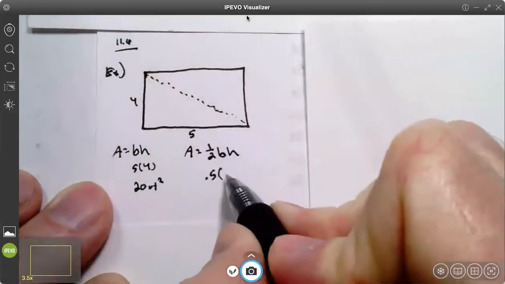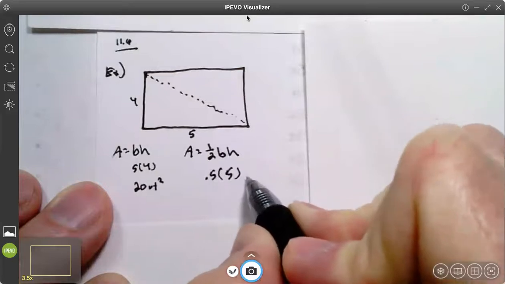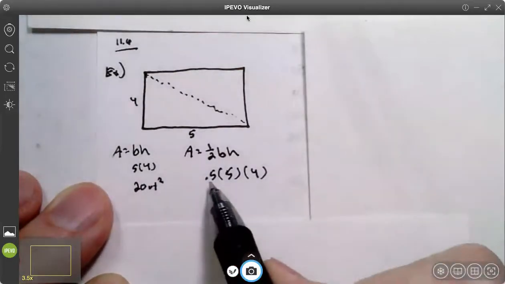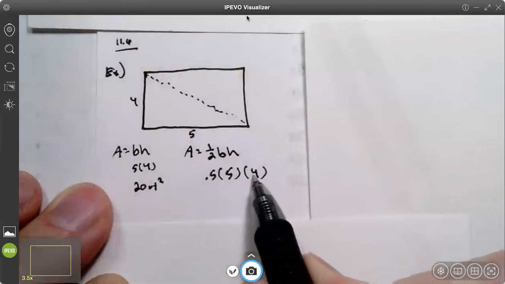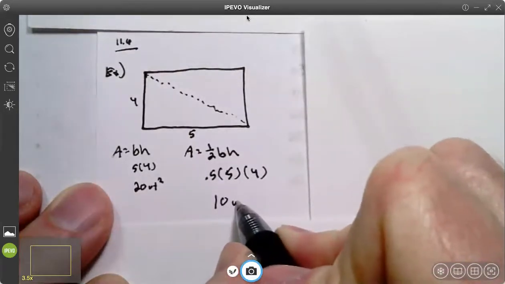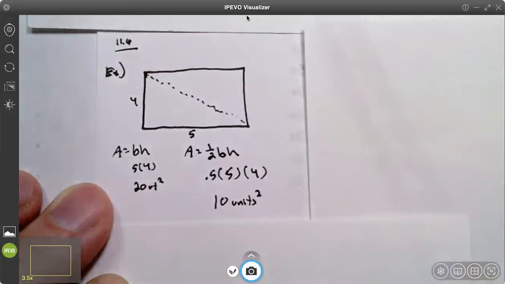So half times base times height. Now you can multiply in any order you want, so I would like to say half of 4 is 2, and 2 times 5 is 10 units squared, or inches squared, or meters squared, or centimeters squared, or whatever unit of measure we have.